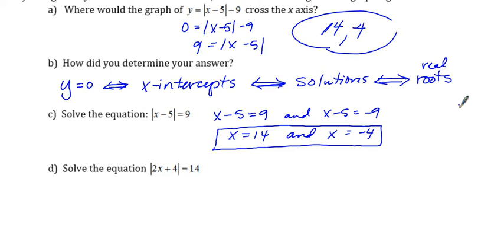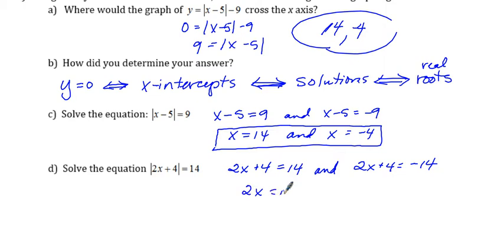If we solve the equation absolute value of 2x plus 4 equals 14, remember to do that algebraically. To break it out, we have two equations. Both of these need to be set as equations to solve this.